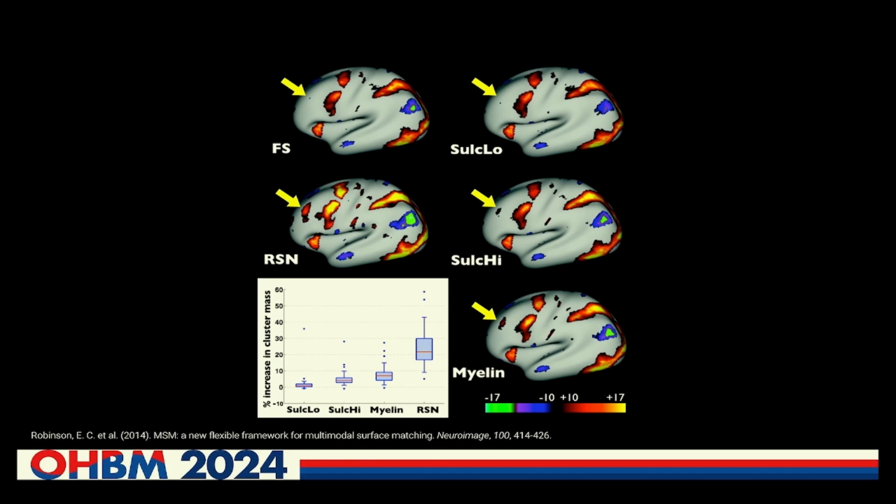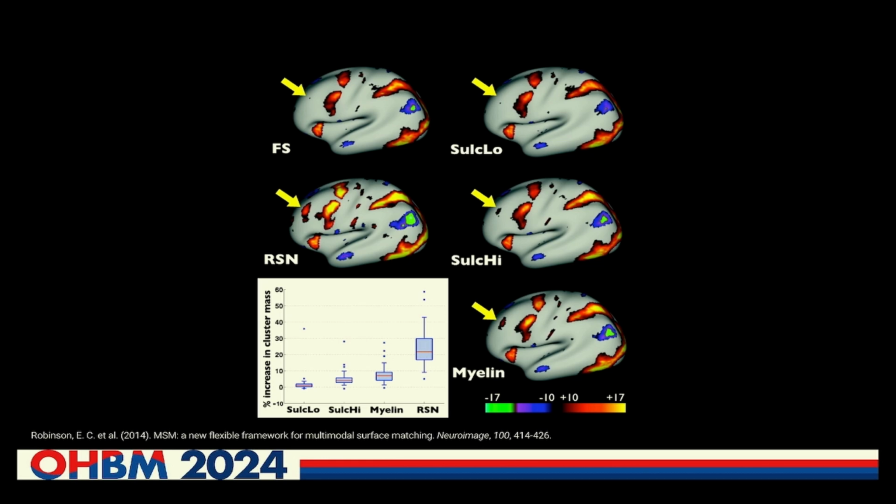we've got FreeSurfer and folding-based registration. And we're looking at task overlap in these red clusters and these blue clusters. And so what we can see is that they do a reasonable job and there's not too much difference between them.